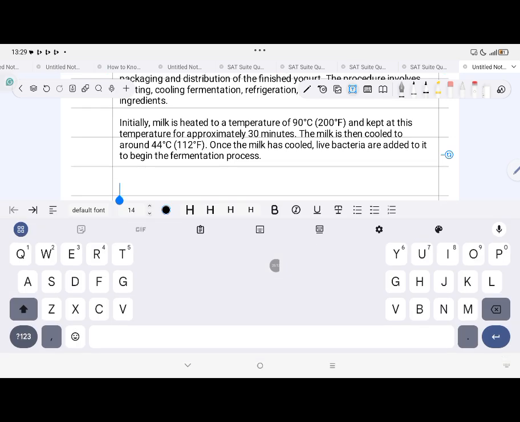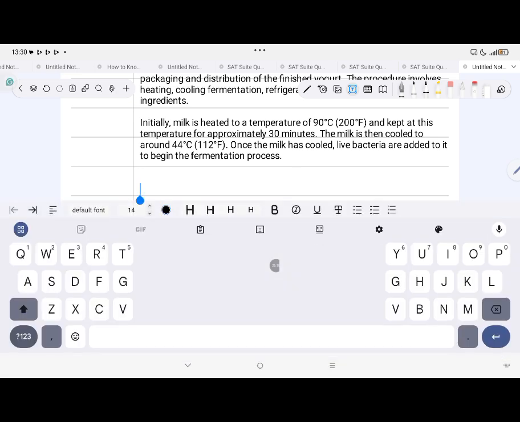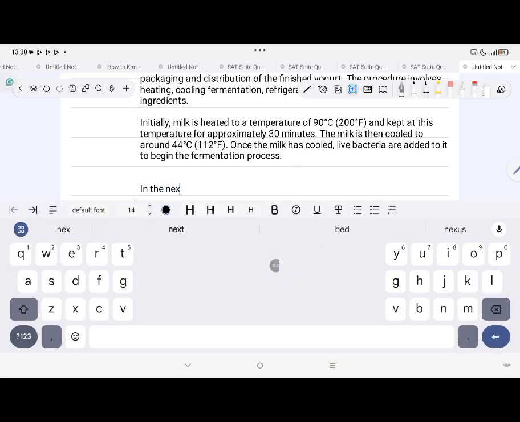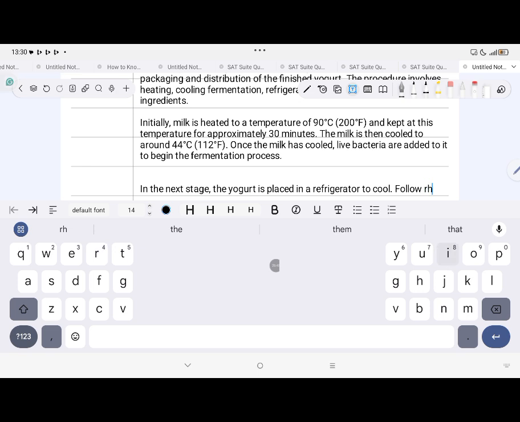Now the next step, paragraph 3. In the next stage, the yogurt is placed in a refrigerator. We're not told how long, so let's refrain from saying how long. The refrigerator to cool, obviously. Following this, I don't want to use subsequently.